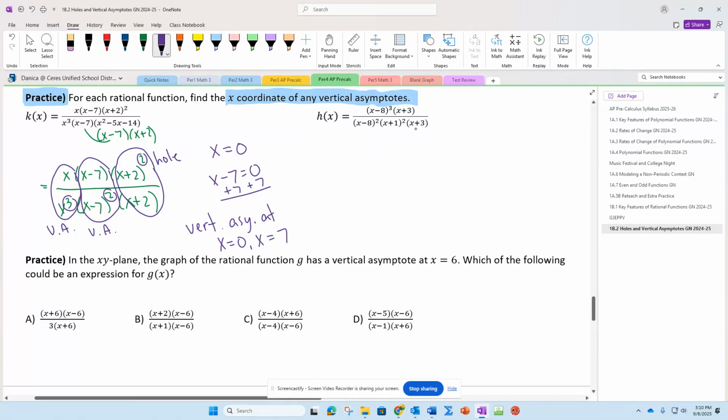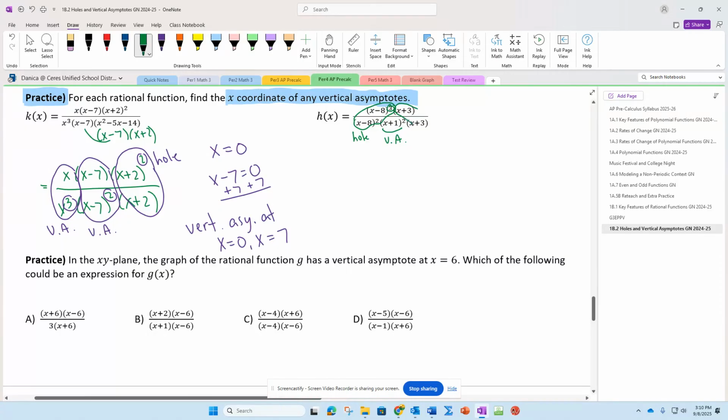With the second one, there's no factoring that needs to be done, so we can compare. With our x minus 8 factor, the multiplicity is larger in the numerator, so that's a hole. Our x plus 1 is a unique factor in the denominator, so that's going to give us a vertical asymptote.